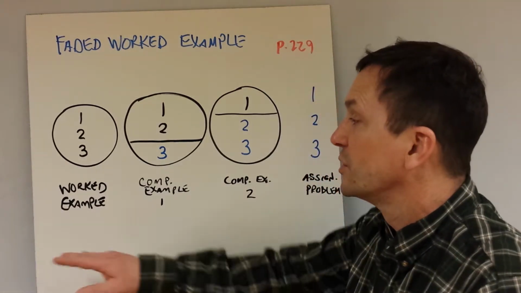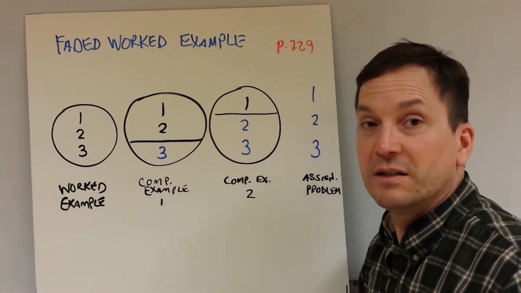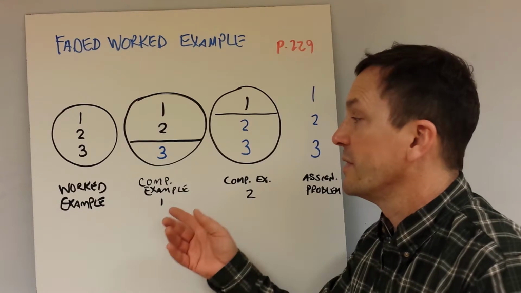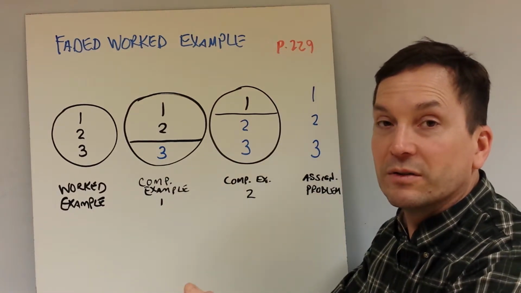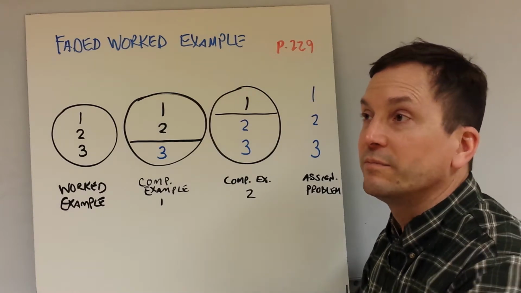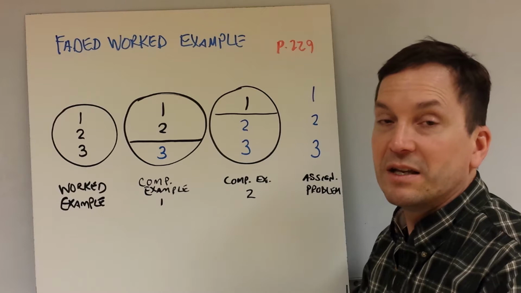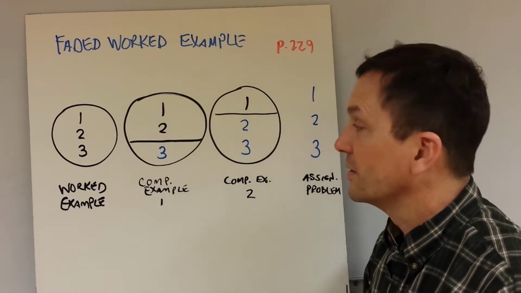So you should provide a total example that's completed, and then from there you're just going to create one exercise that's going to provide an opportunity for the trainee to complete whatever the task is.